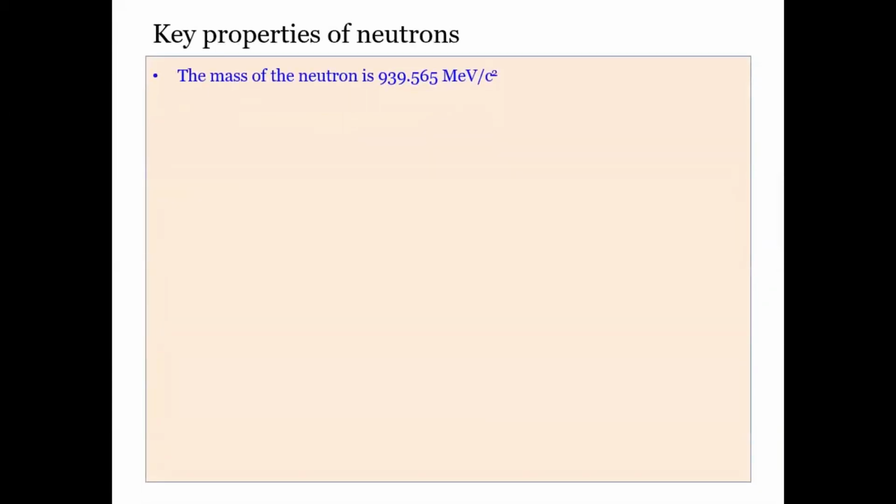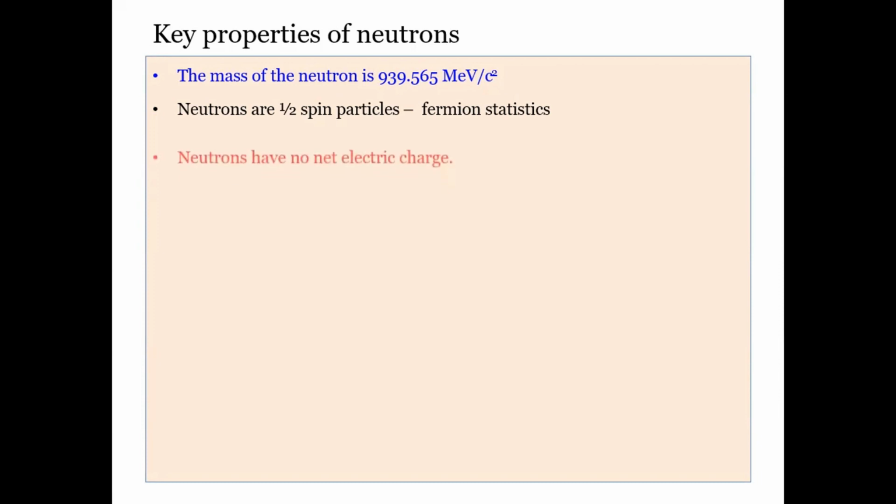Let's talk about the properties. The mass, originally figured out, in terms of million electron volts per c squared, is 939. It has a spin of half. It is a fermion, and it obeys fermionic statistics.